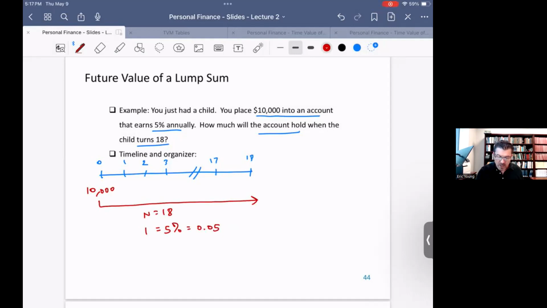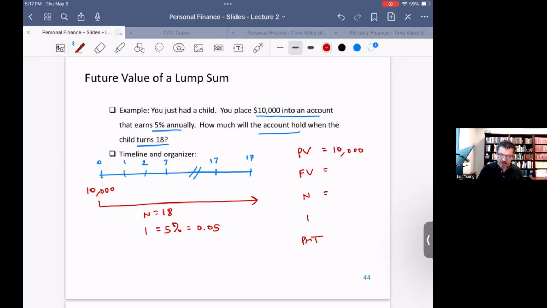Got it. The other thing I like to do on top of the timeline, especially for really clunky problems, is give myself a little organizer. So let's get our variables here: PV, FV, N, I, and PMT. Present value is 10,000.